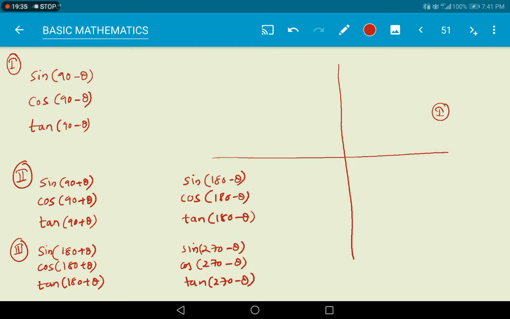Right, in the fourth quadrant, sine 270 plus theta, sine 360 minus theta, cos, tan, then same.